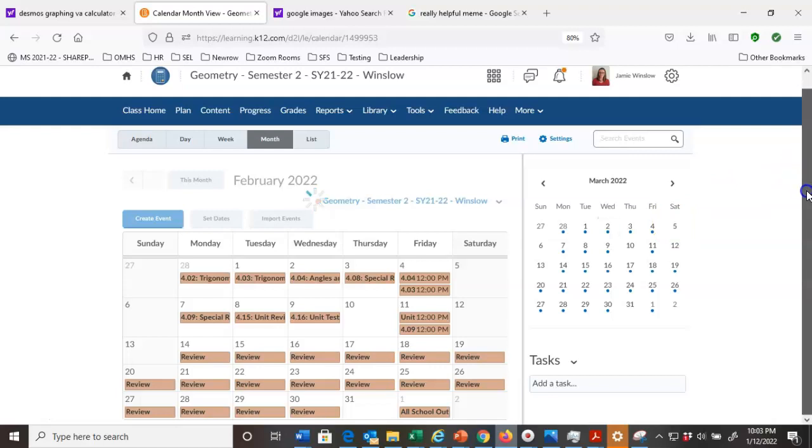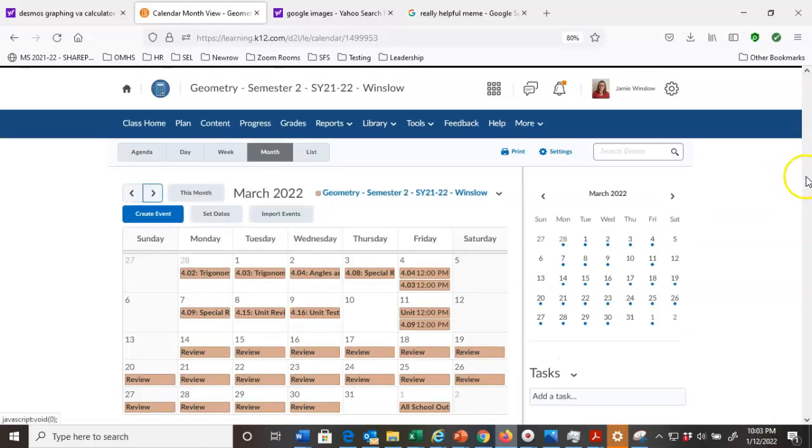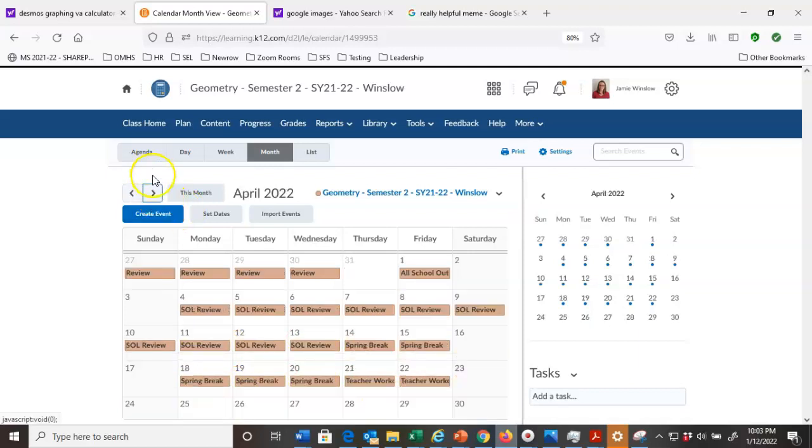Those 3 trig functions are the ones we're going to focus on this year, and that's your last unit. So by the second week of March, we're literally done with the content for the year, and we're going to spend the rest of March reviewing for your exam, and then finally the month of April, we will be reviewing for your SOL.